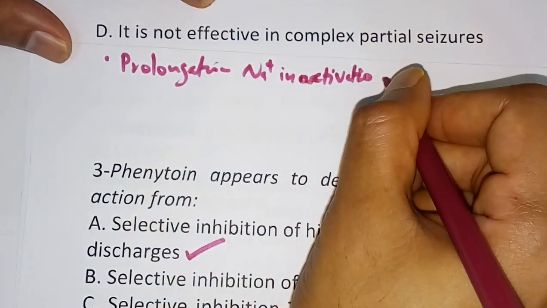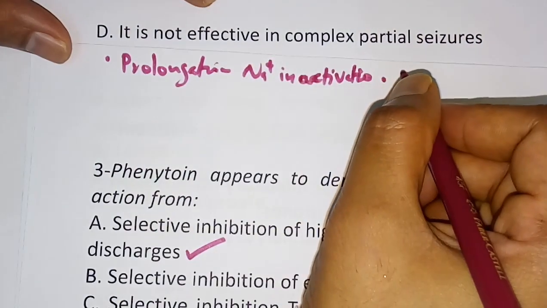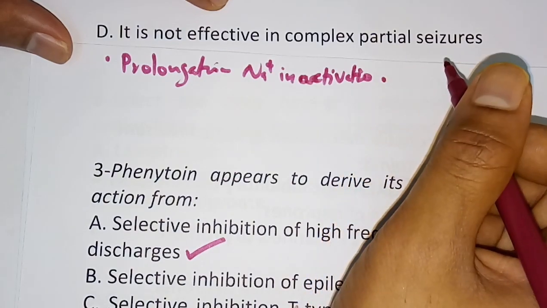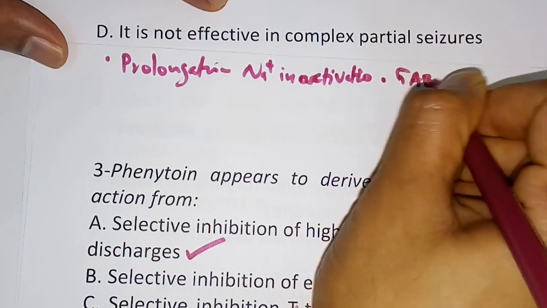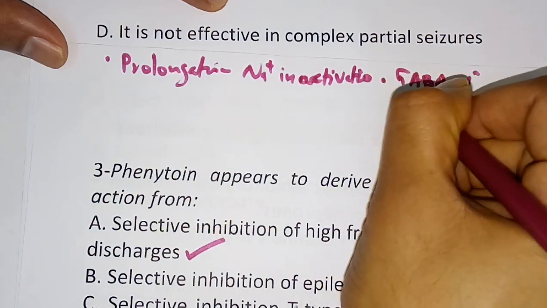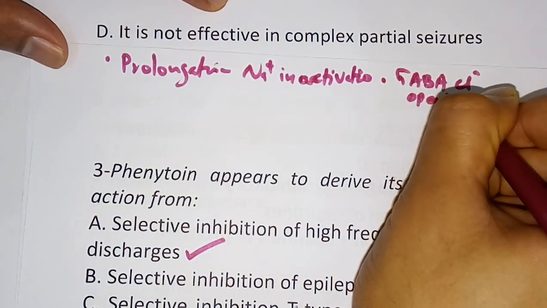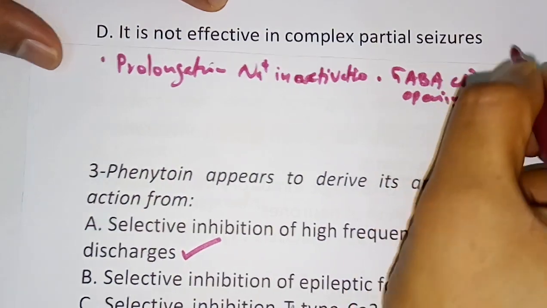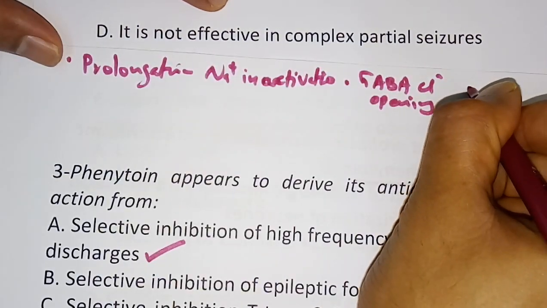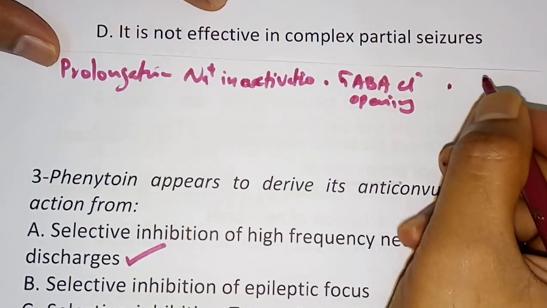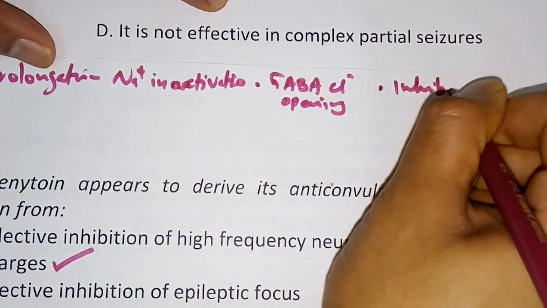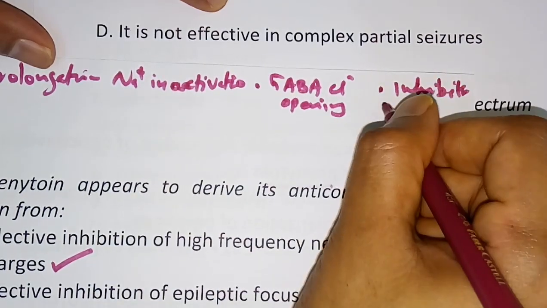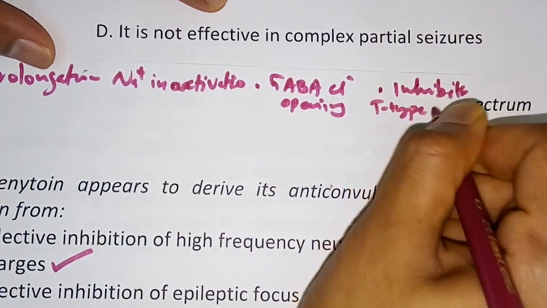The second category, facilitation of GABA chloride channel opening. And the third is inhibition of T-type calcium current.